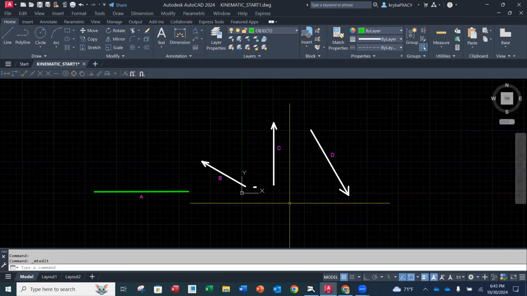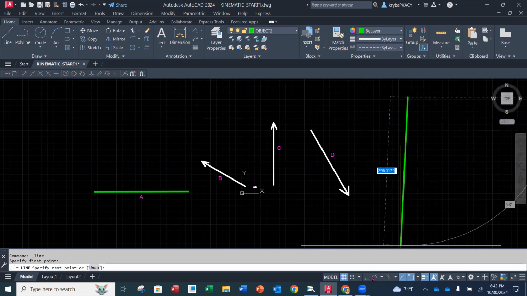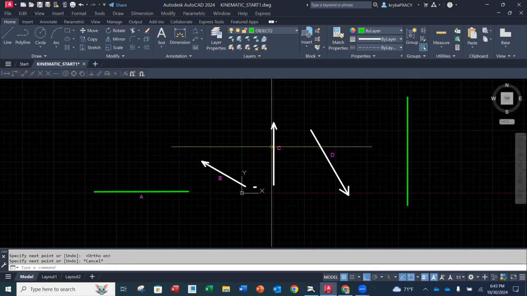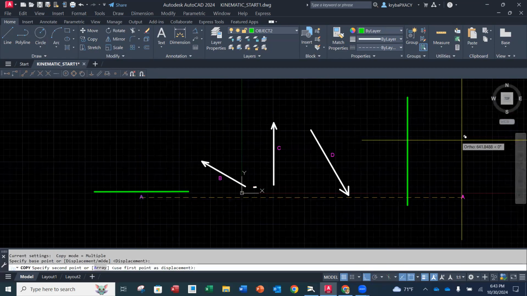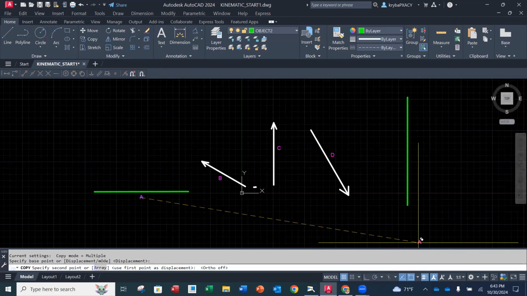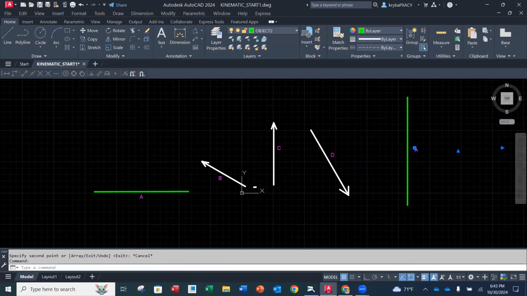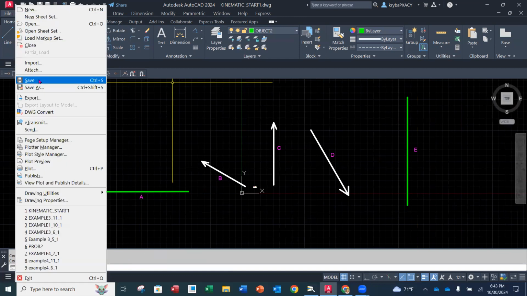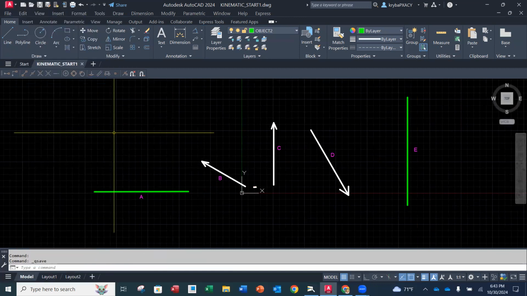And that's going to be a horizontal line. Then I'm going to do the very same thing for E. E is going to be a vertical line. So its line of action is that, no arrowheads or anything. And I'm just going to copy over a variable and rename that E. Okay. So this is really what we see in that example.